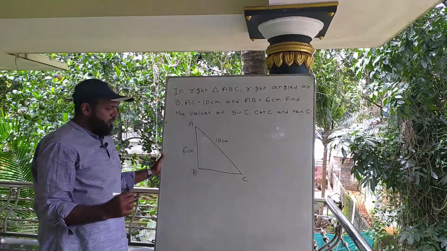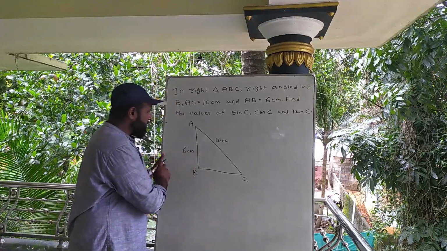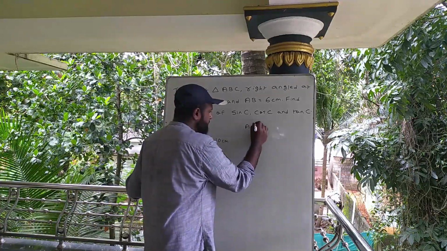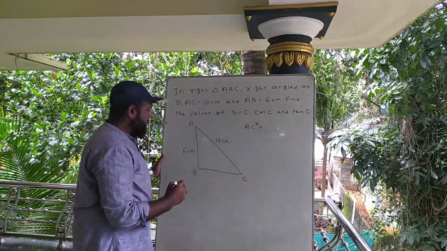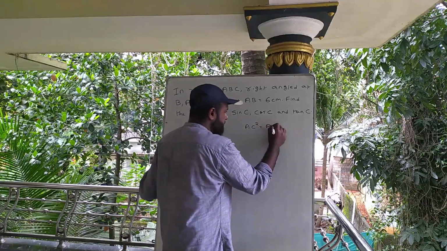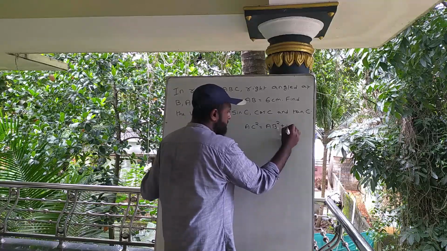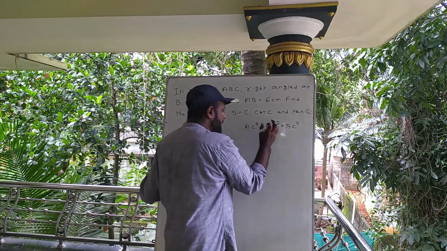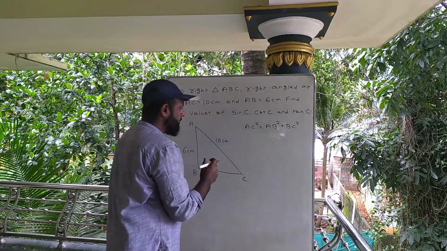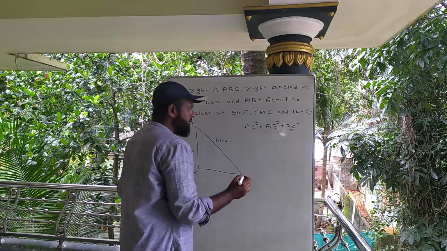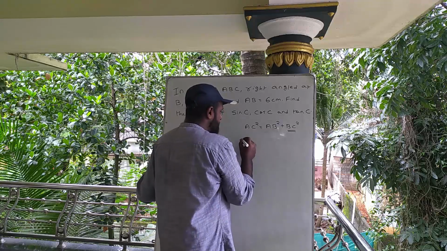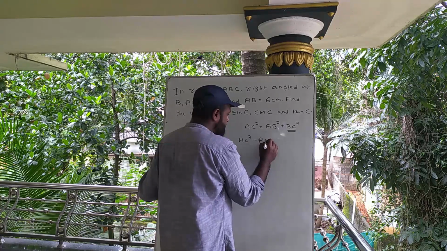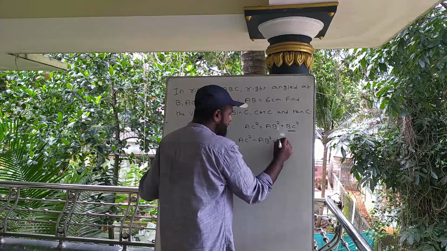By using Pythagoras theorem, we can say that AC square equal to AB square plus BC square. That is hypotenuse square equal to altitude square plus base square. We have to find what is BC. So, AC square minus AB square equal to BC square.